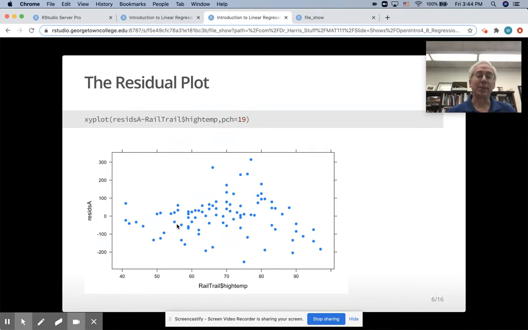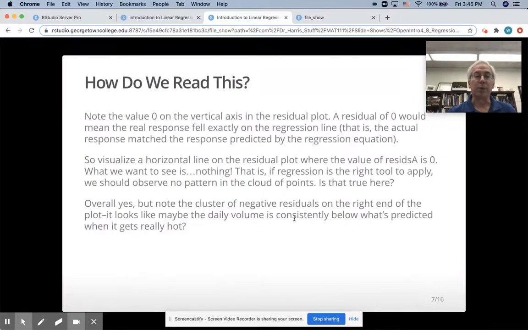In some sense, it's just a little bit rotated, where the regression line is now made horizontal. But I want to focus on residuals equals 0, this horizontal line right across. If we go to the next slide, the value 0 on the vertical axis will always be there. I remind you that a residual of 0 would mean that the predicted and actual response matched exactly.